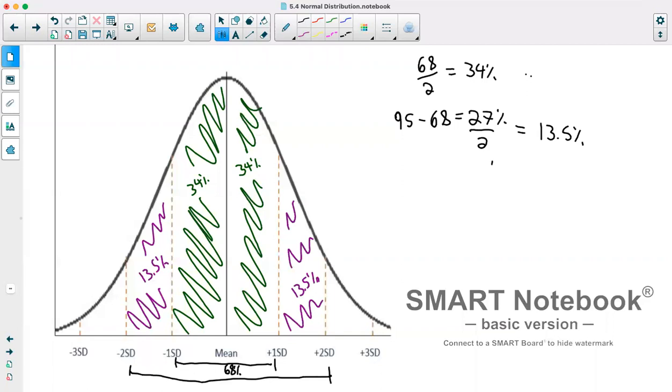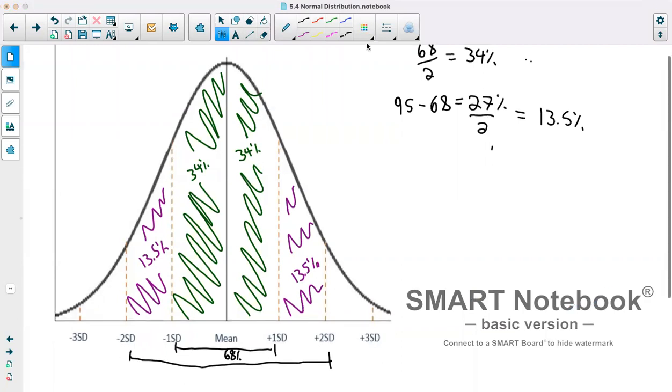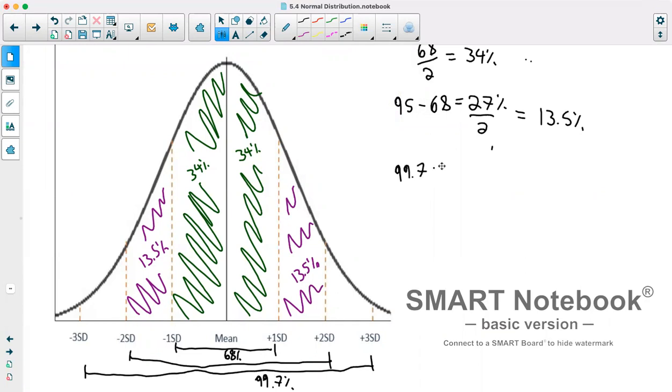Next, we know that essentially 3 standard deviations is 99.7% of the data. So we can go 99.7 minus 95 to figure out how much is here and here.